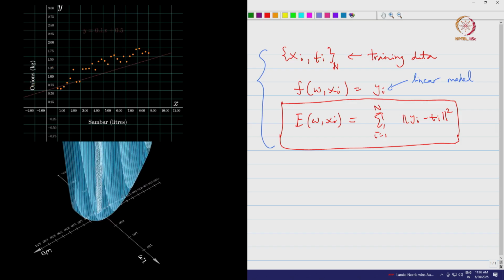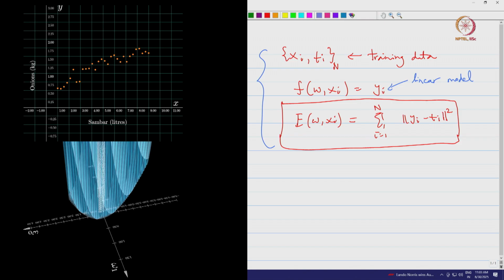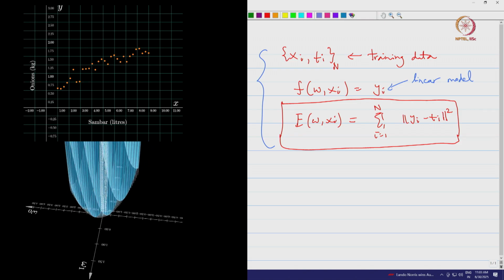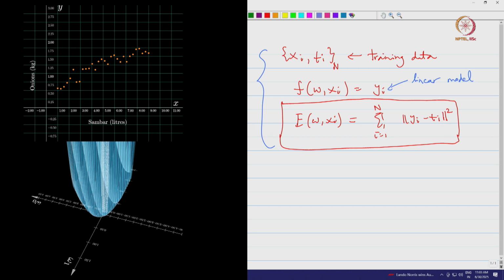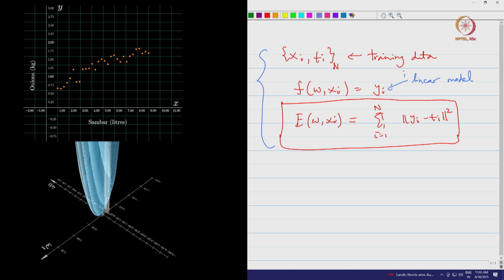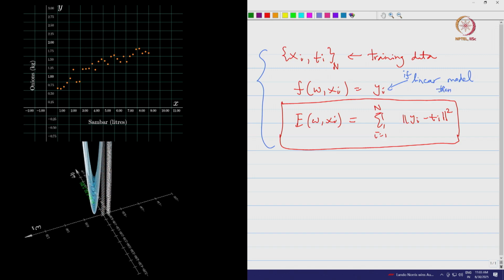Whatever we do, we have only one minima to find, and that minima would be the best fit of our model to the data. So, if linear model, then one minima.